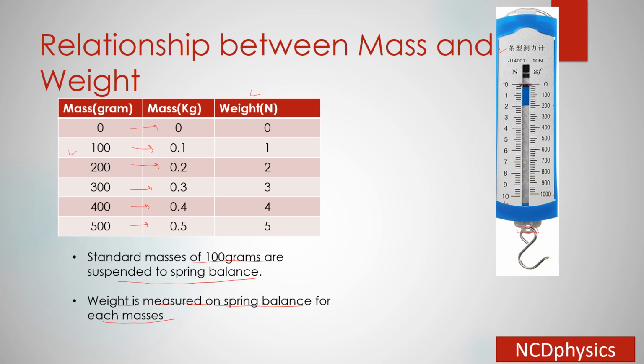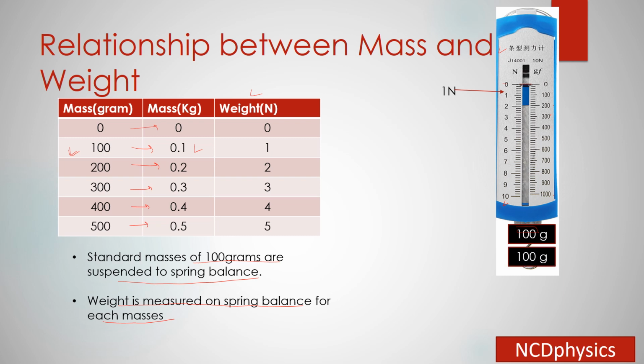First of all, I keep 100 gram, which means 0.1 kilogram, on the spring balance, and the weight measured in Newton is 1 Newton.